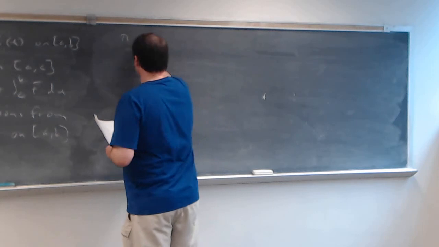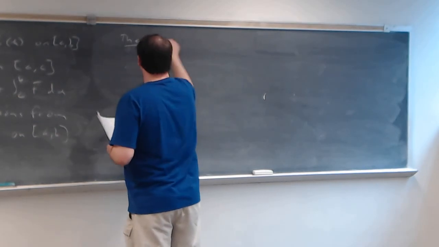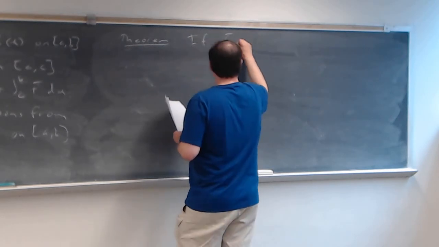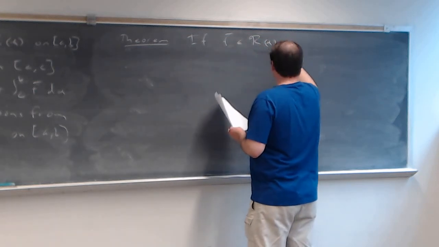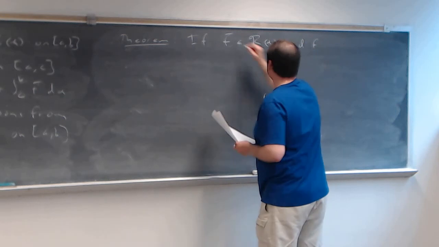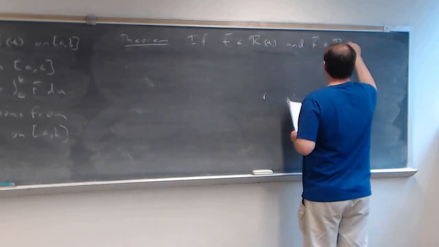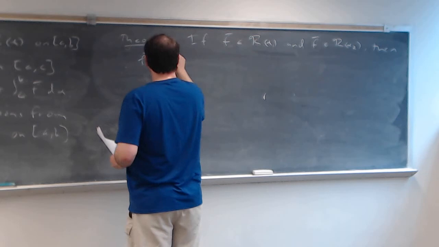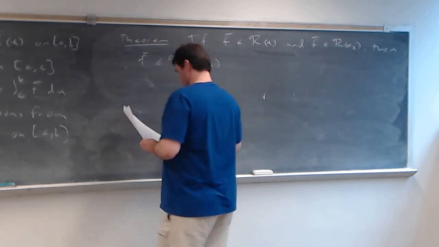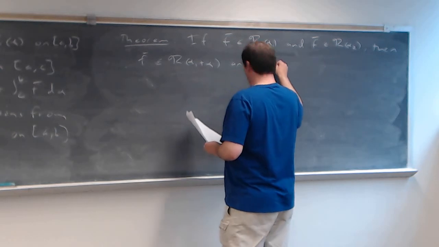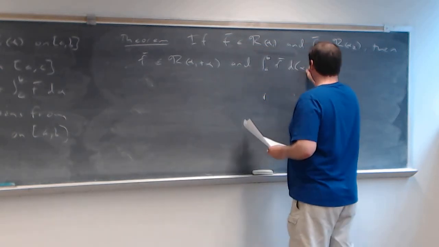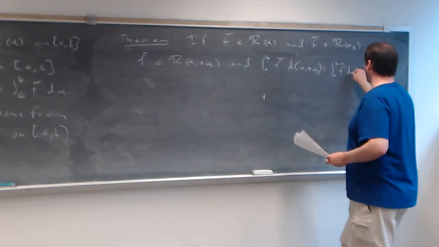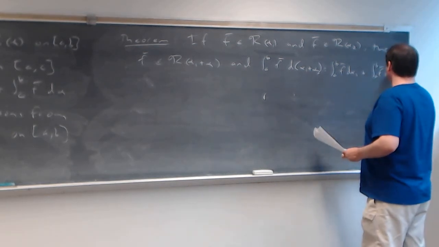Here's another theorem. It says if f bar is Riemann-Stieltjes integrable with respect to alpha sub 1, and f bar is Riemann-Stieltjes integrable with respect to alpha sub 2, then f bar is Riemann-Stieltjes integrable with respect to alpha 1 plus alpha sub 2, and the integral from A to B of f bar with respect to alpha 1 plus alpha 2 is equal to the integral from A to B of f bar d alpha 1 plus the integral from A to B of f bar d alpha 2.